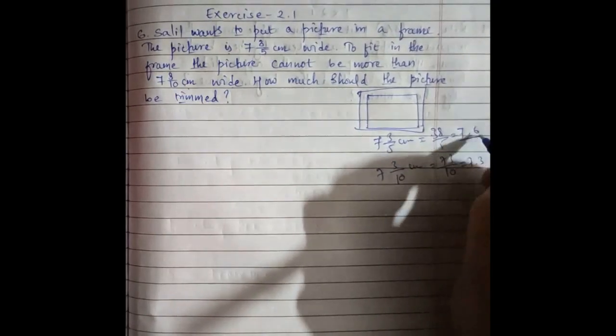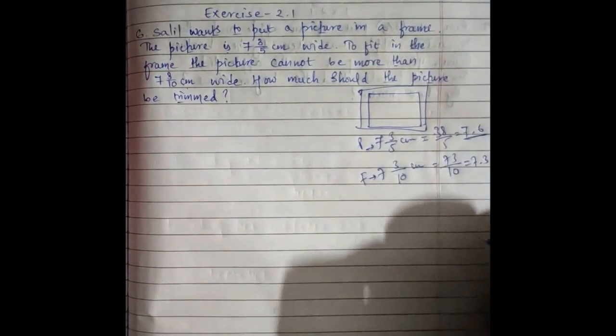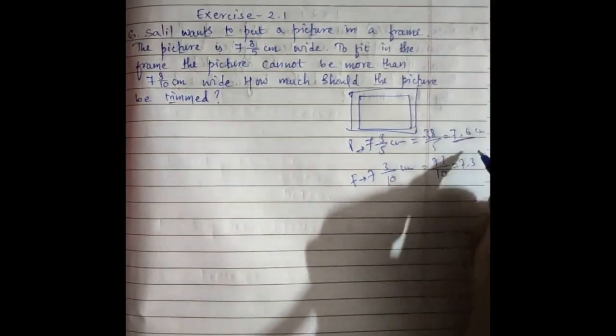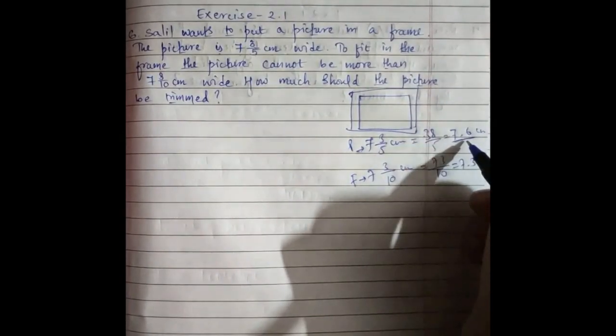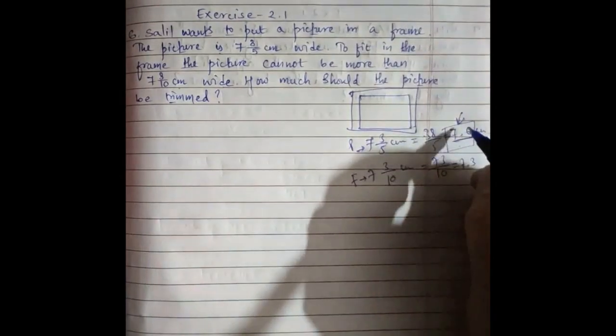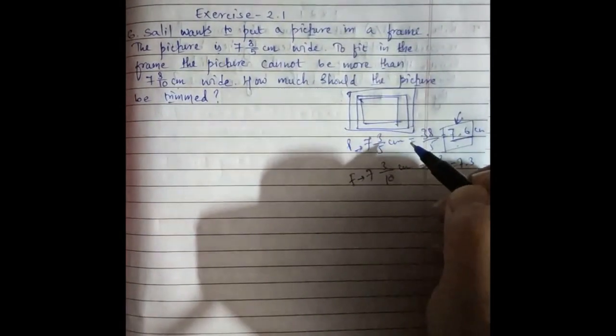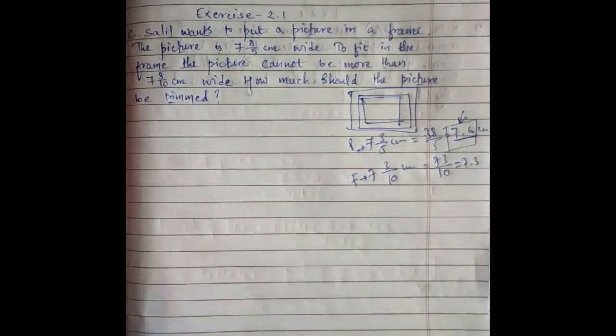So 7.6 is bigger, no? This is the picture width and this is the frame. So the picture width is greater here, right? Picture width is greater, so it cannot be bigger than this. So we have to trim the size of the picture so that it will fit in this frame. All right, so how much the picture should be trimmed, that we have to calculate.